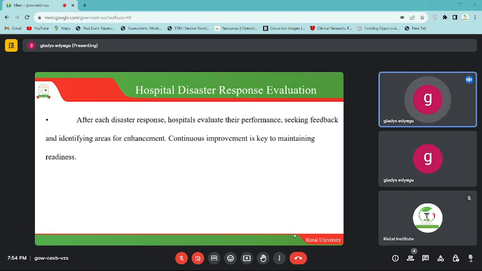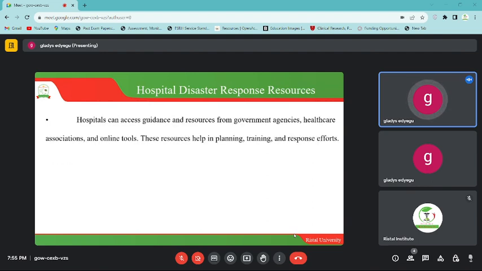So do some evaluation on how you performed. What did you do well? What didn't you do well? What do you need to have in place? And by you doing that, you can be able to identify some of those areas that you need to improve, and then you'll be able to maintain your readiness.